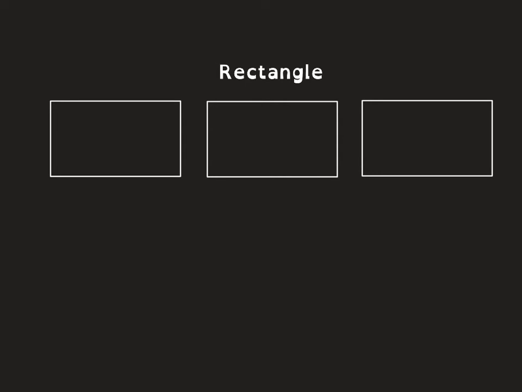A rectangle has two measurements. It has length and width. The length is usually represented with an L and the width with a W. Sometimes you'll see this formula written in slightly different ways.